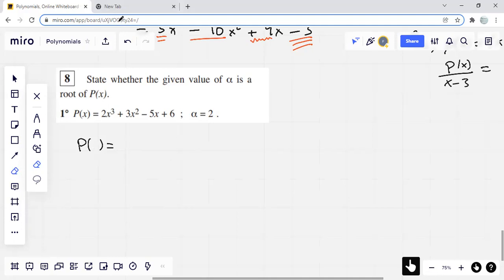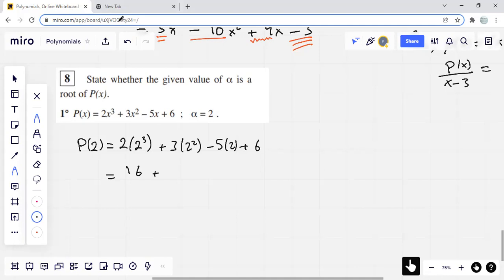Okay, so we have p of 2 is equal to 2 into 2 cubed plus 3 into 2 squared minus 5 into 2 plus 6. This is equal to 2 cubed is 8 times 2, this is 16, plus 3 times 4 it's 12, minus 10 plus 6.